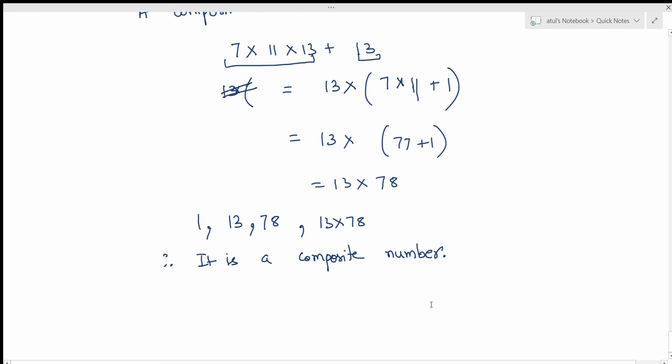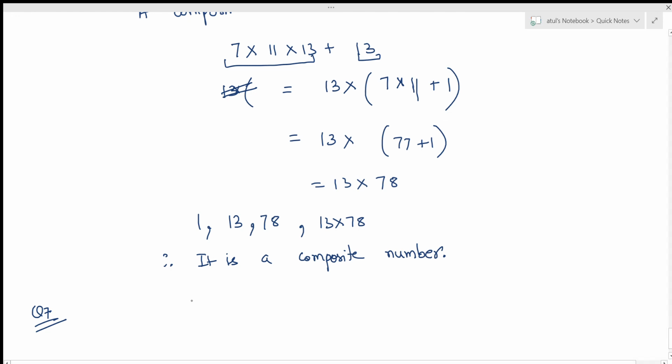Fine. Now let's move to the 7th question. The 7th question says that there is a circular path around a sports field. Sonia takes 18 minutes to drive one round of the field while Ravi takes 12 minutes for the same. Suppose they both start at the same point and at the same time and go in the same direction. After how many minutes will they meet again at the starting point?